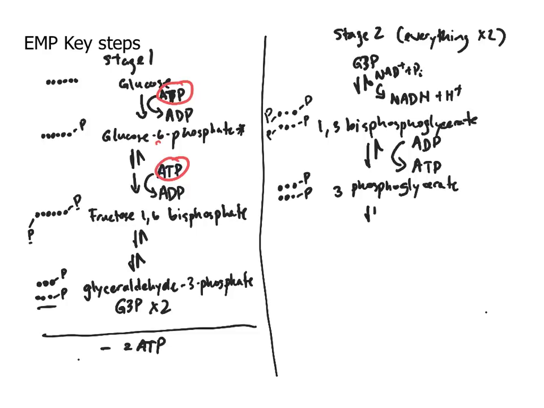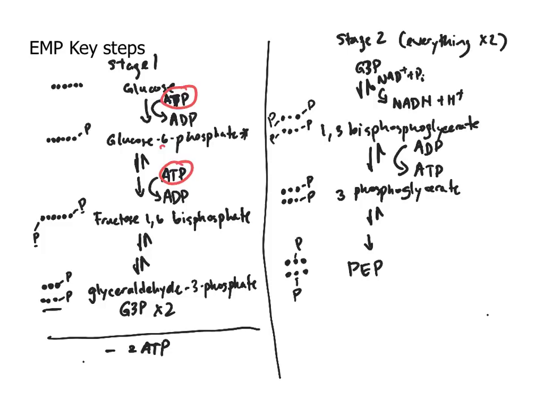And then it goes through a couple more steps where you end up with phosphoenolpyruvate, so you end up at PEP. And in this case, you end up with a few rearrangements, and so the phosphate actually gets moved to the 2nd carbon.